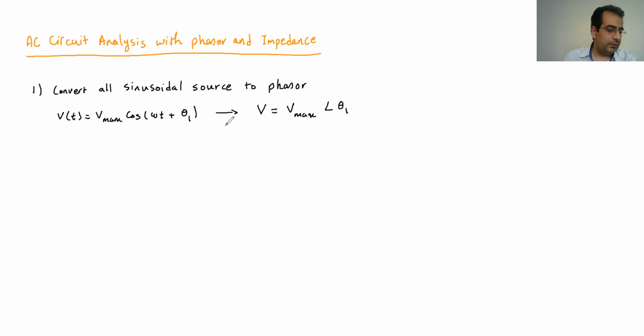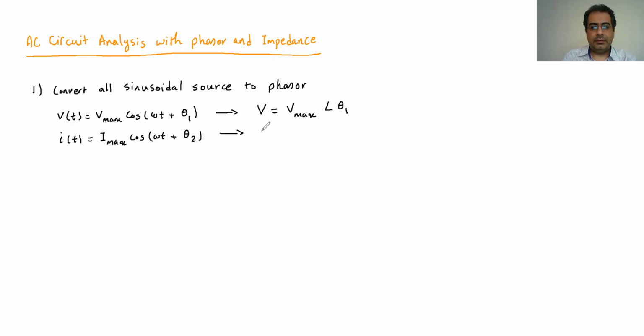We write the voltage as a phasor, the same as if we have the current, i(t) equal to I max cosine of omega t plus theta 2.